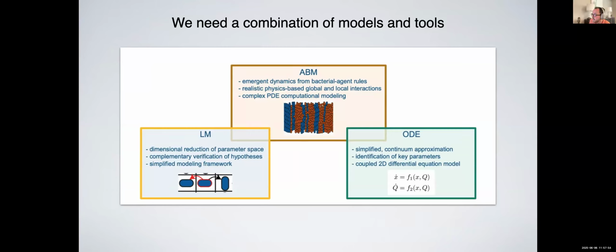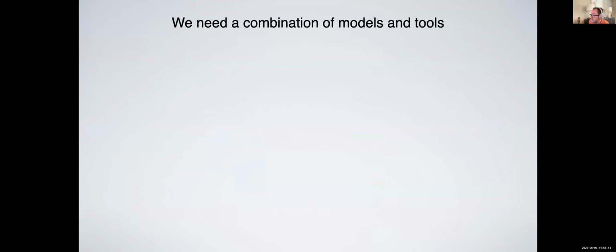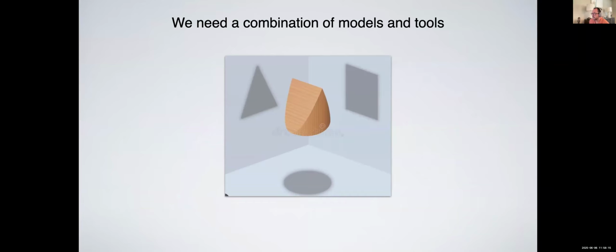So what I showed you is a group of different types of models that we used to approach this problem, understanding spatio-temporal dynamics: agent-based models, lattice models, ODEs, and so on. I view these as different pictures of the same object, the same problem.